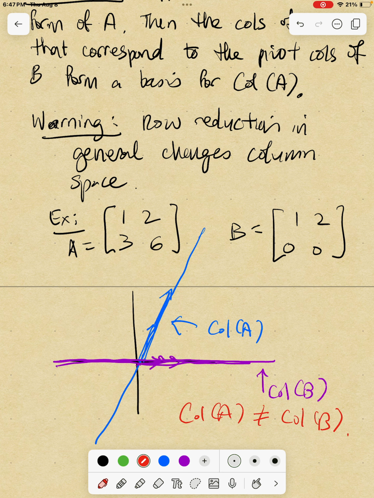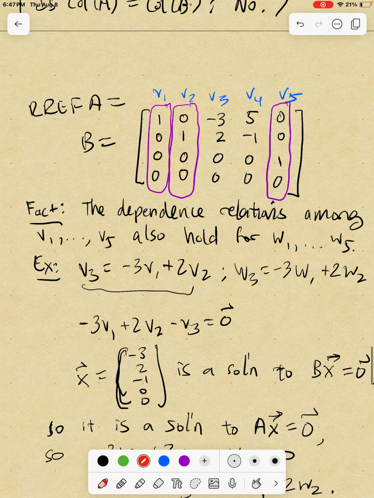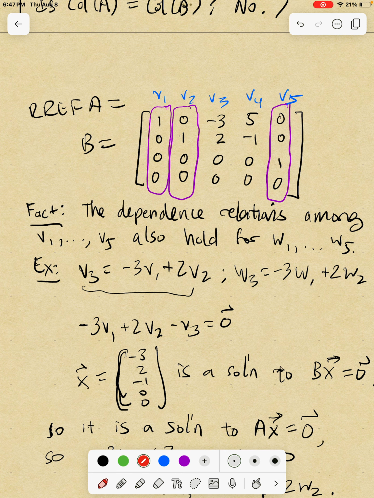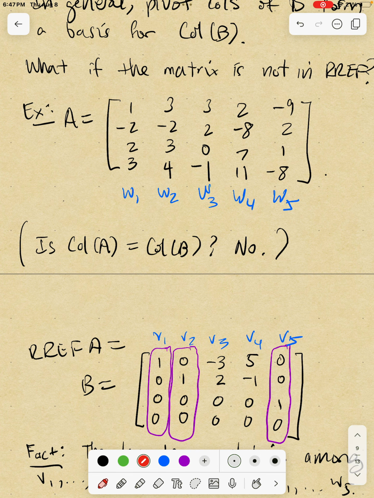Which is why you can't use V1, V2, and V5 to be a basis for the column space of A. That's not going to work.